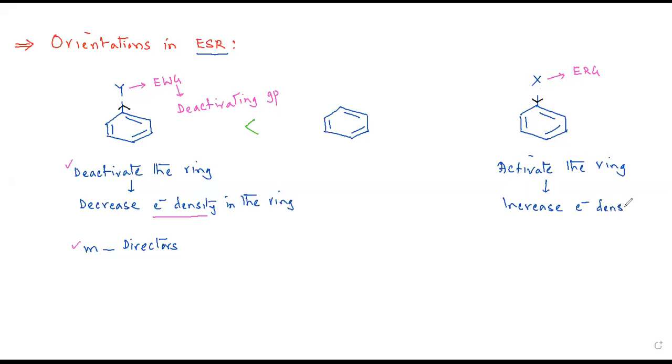We have already seen this. See, when there is more electron density in the ring, obviously, the electrophile readily approaches. Now, this of course can be taken as the order of reactivity.